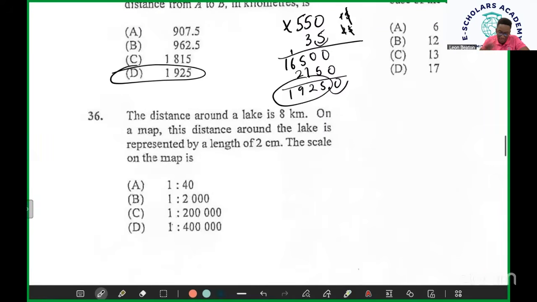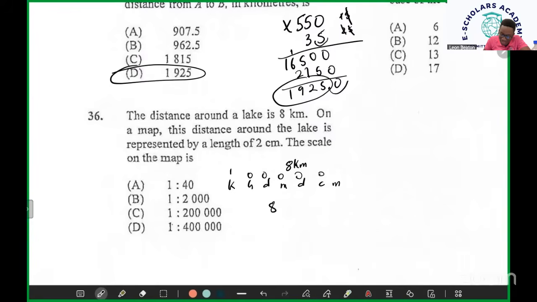All right, the distance around the lake is 8 km on the map. On the map, this distance around the lake is represented by the length 2 cm. So the scale on the map is, so let's turn everything to cm. We turn this 8 km to cm. We move from km to cm, so we put five zeros here.